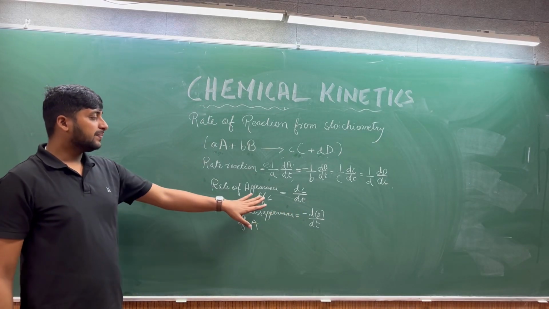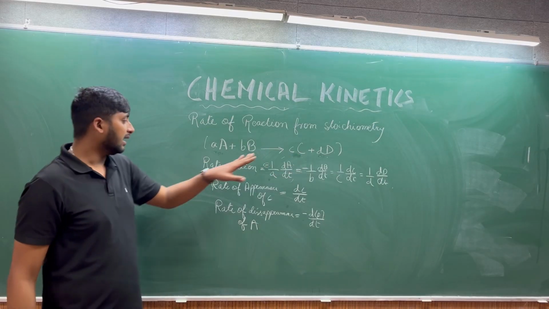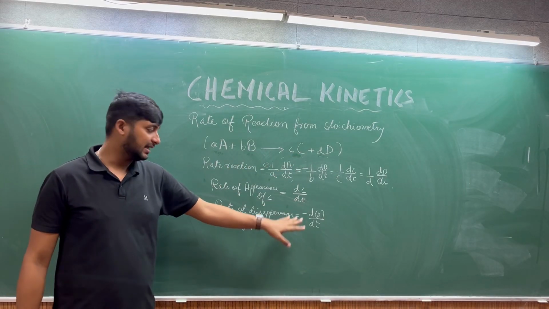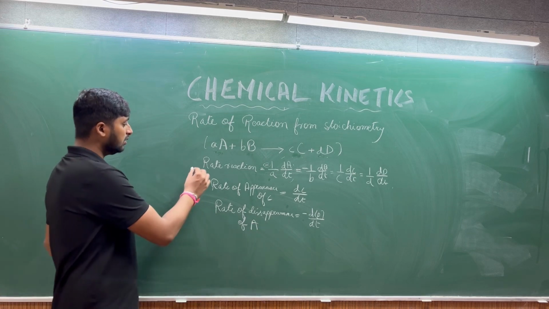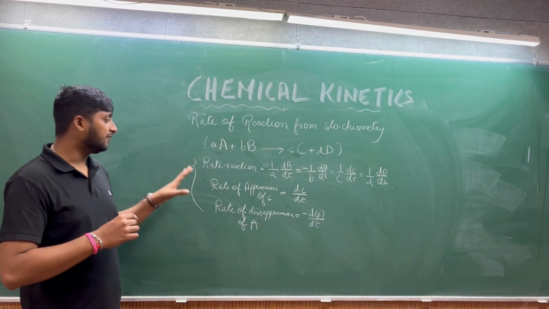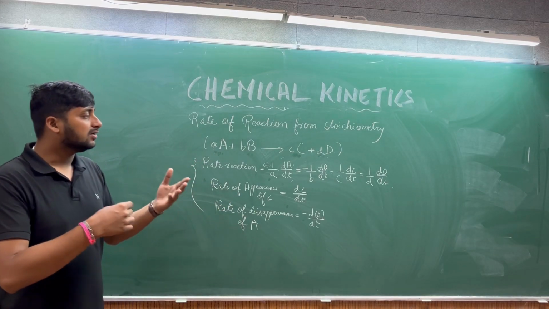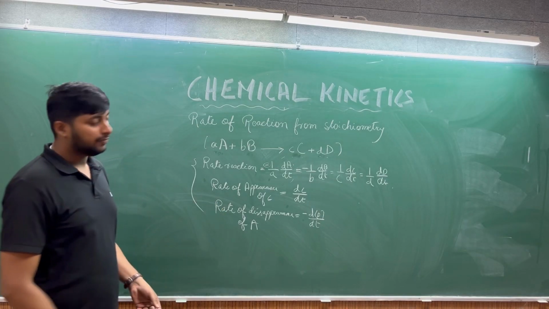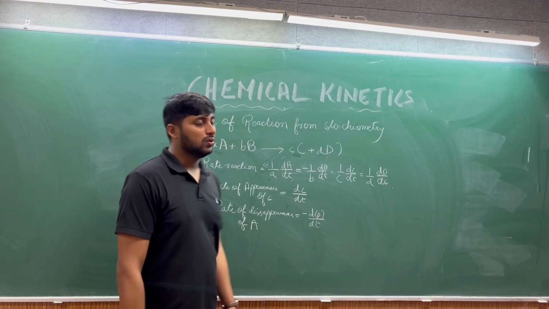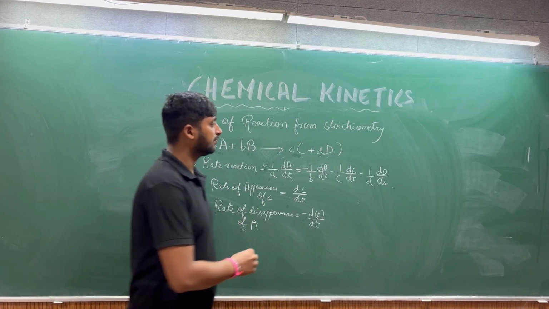So the rate of appearance will be dC by dt if we are talking about the product C, and the rate of disappearance of A will be minus dA by dt. So this was all about different types of rates of reaction, how we can generalize or represent different rates. Now moving forward, we will be discussing one law which is called the law of mass action.